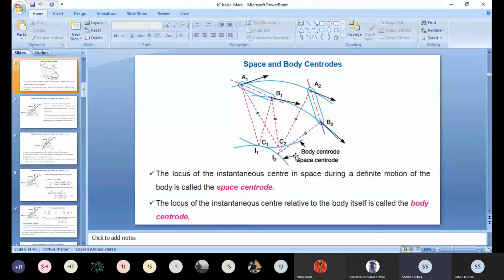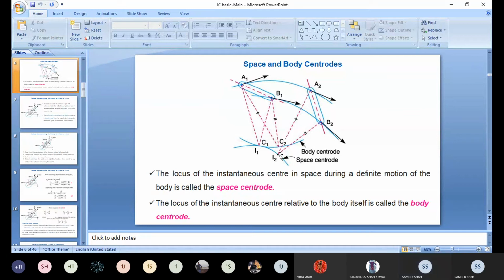The locus of instantaneous center in space during a definite motion of the body is called a space centroid.